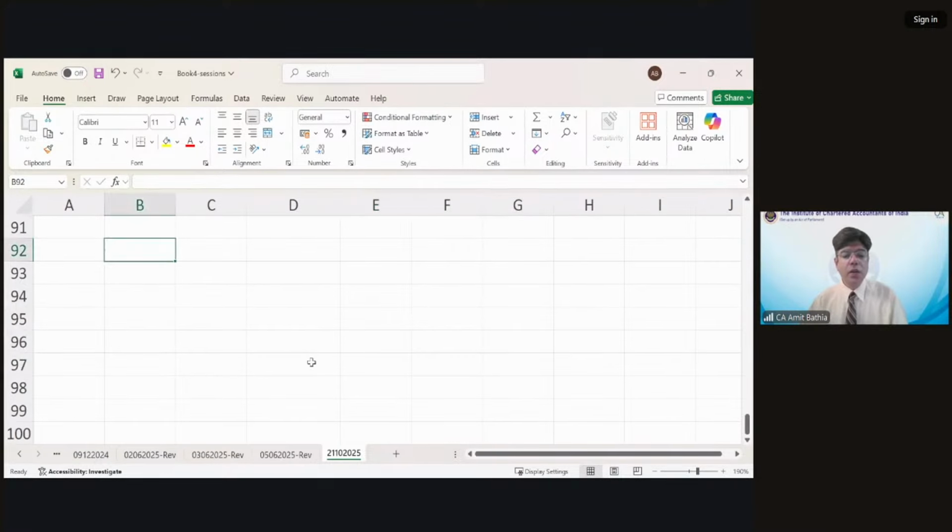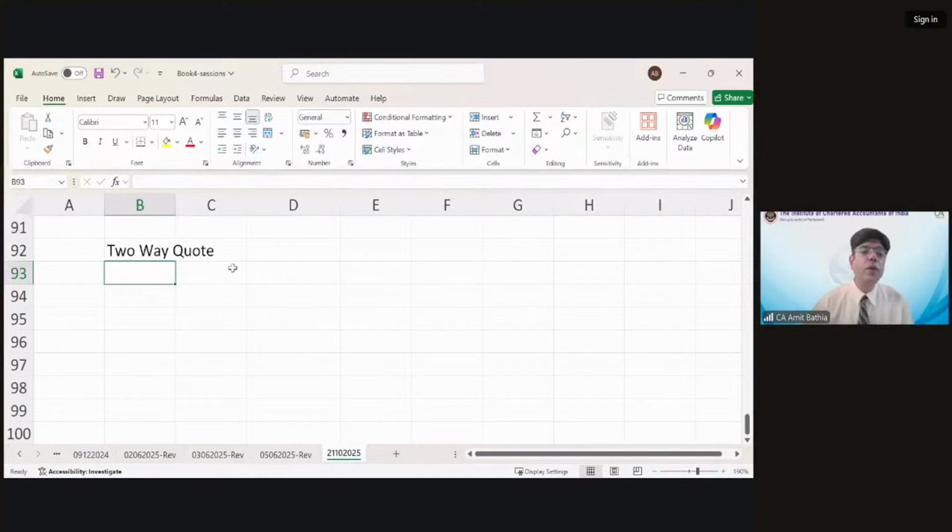All right. Now we come to another concept. There is something known as two-way quote of currencies. Right? What do you mean by two-way quote?